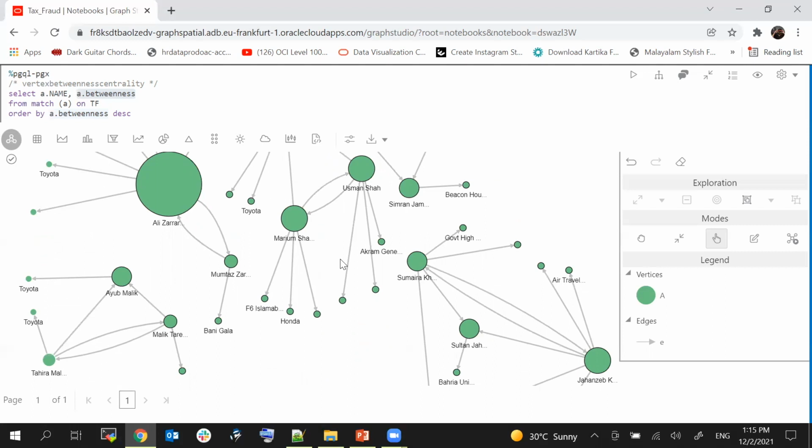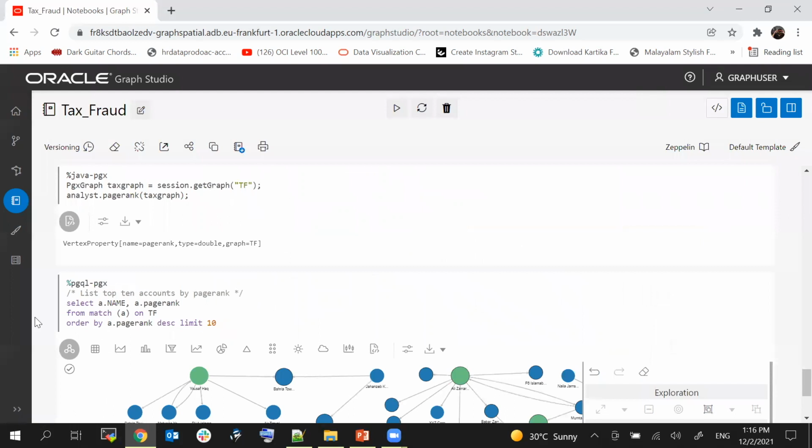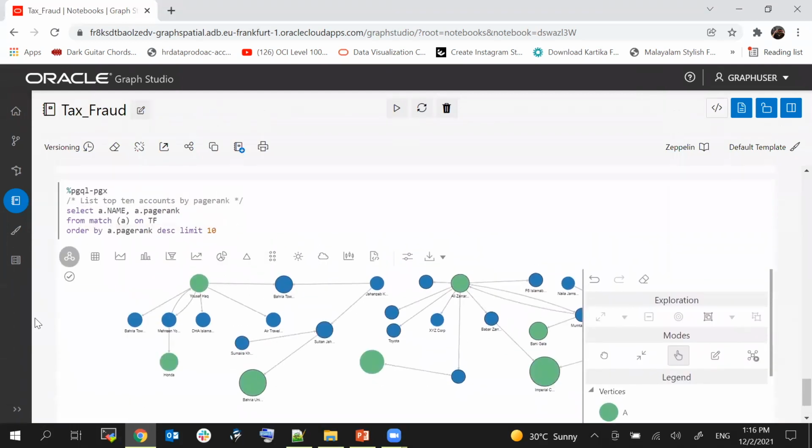And these are the centrality metrics. We also have the PageRank, which is again one of the most common algorithms used to find out the importance of a particular node. If we collapse this particular screen and go down, we have the PageRank.